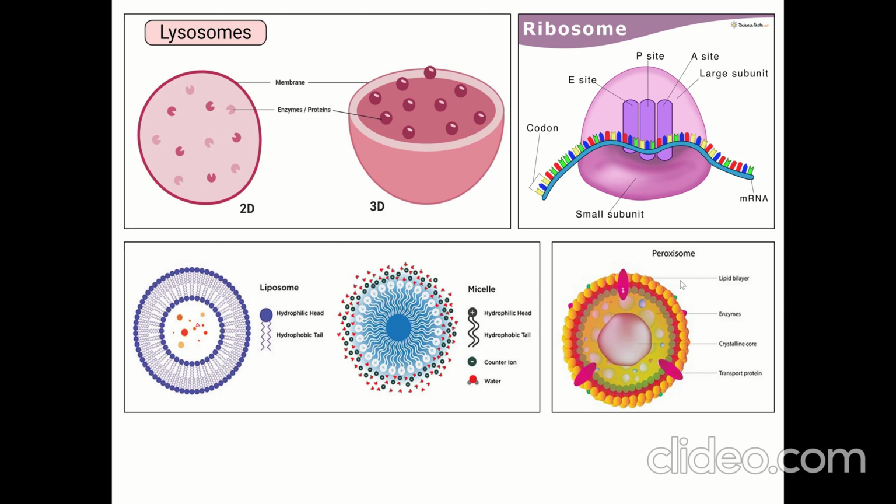Both peroxisome and mitochondria are involved in ROS scavenging activity, as well as the reactive oxygen species production. Both the mitochondria and peroxisomes carry out the beta oxidation process.